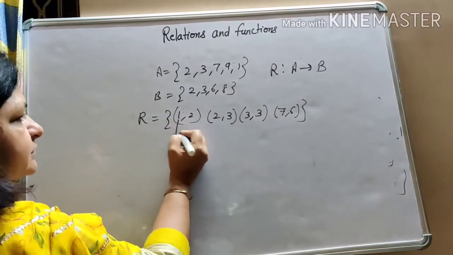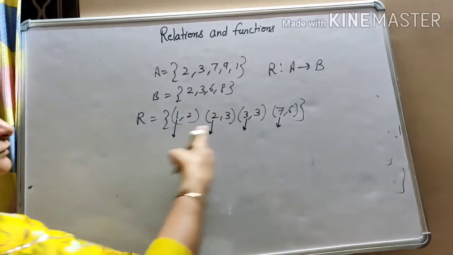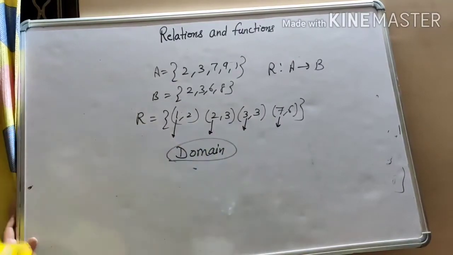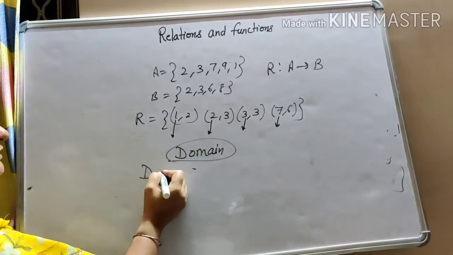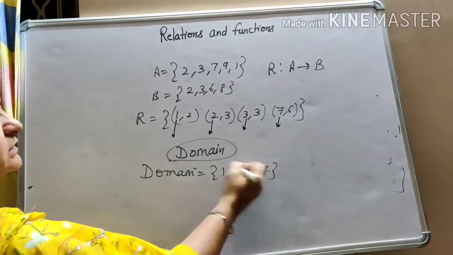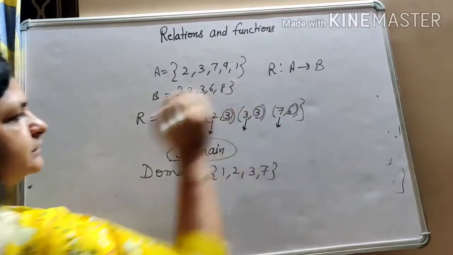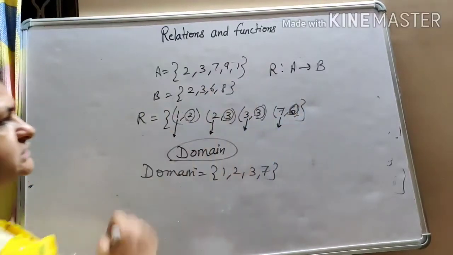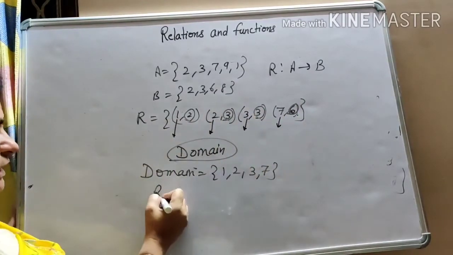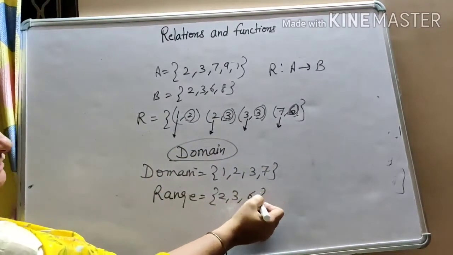Now these first components, or we can say first element of this relation, are called domain of this relation. So domain of this relation is 1, 2, 3, 7. And these second elements of set B, these are related to set B, and these second elements of this relation are called range of this relation, 2, 3, 6.